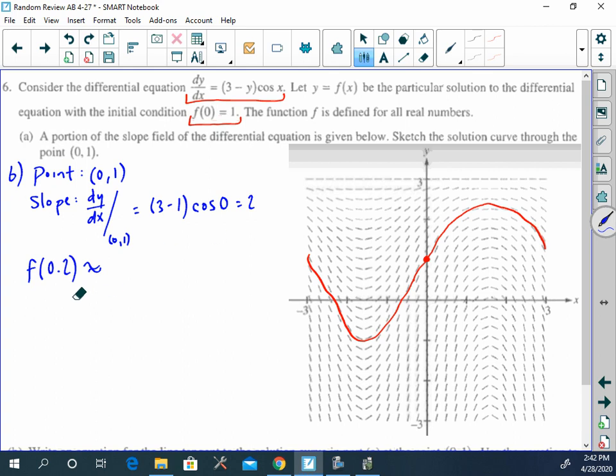So then we want to come up with the equation before we actually approximate this. We do y minus the y value equals the slope times x minus the x value. And even if it's a 0, I just write it in because of habit. I never do anything with this.